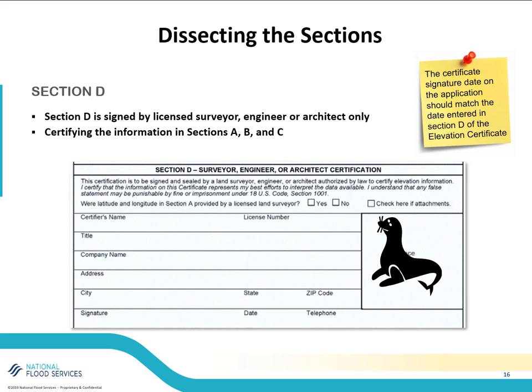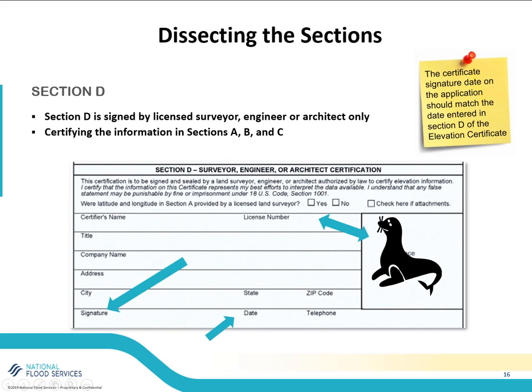Section D includes information about the licensed surveyor, the licensed engineer, or the licensed architect that's creating the elevation certificate, who is authorized by law to certify elevation information that's contained in Sections A through C. This section also must include the signature, the date, the license number, and/or the official seal of the individual completing the elevation certificate.